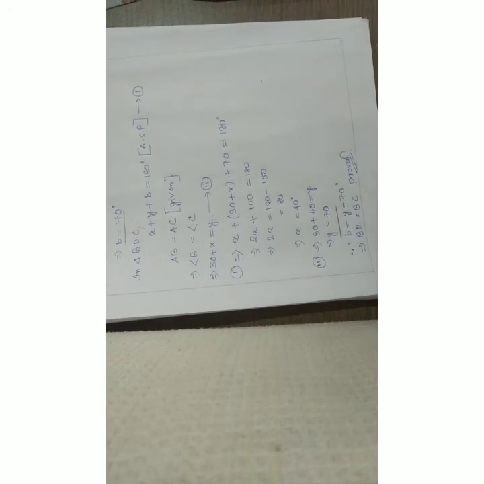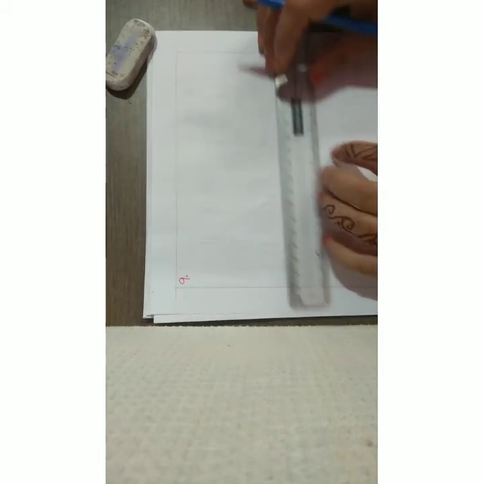I am going to show you question number 9. Let's read question number 9. ABCD is a straight line. So first we will draw a straight line where AB, BC, CD are equal.